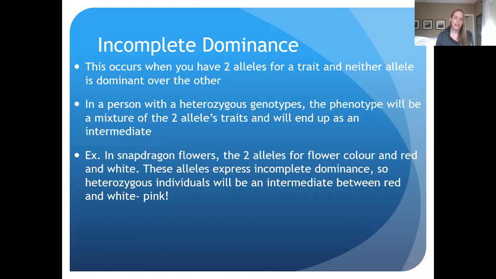And you'll end up with a kind of intermediate trait. So for example, in snapdragon flowers, the two alleles for flower color are red and white. If an individual is homozygous for the trait, they will be either red or white. But if the individual is heterozygous, they'll be the mixture of red and white, pink.